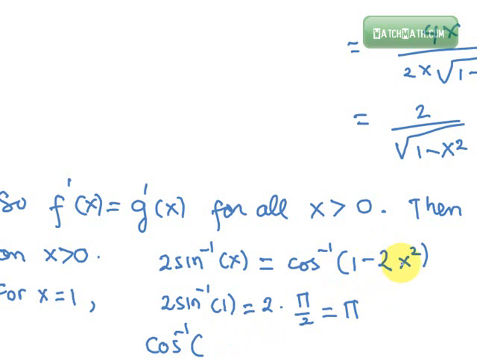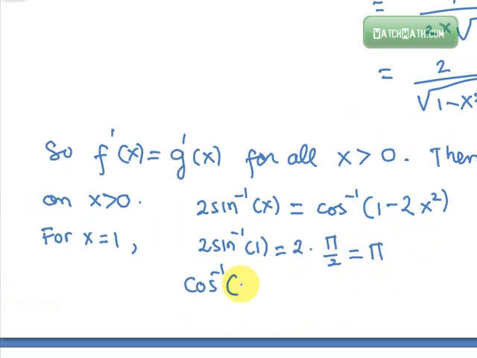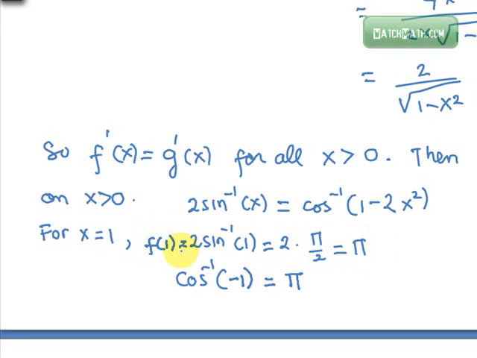So if we plug in x equal 1 there, then we are looking for arc cosine of negative 1, which is also pi. Okay, so the two are equal. So this is f of 1, and this is g of 1.